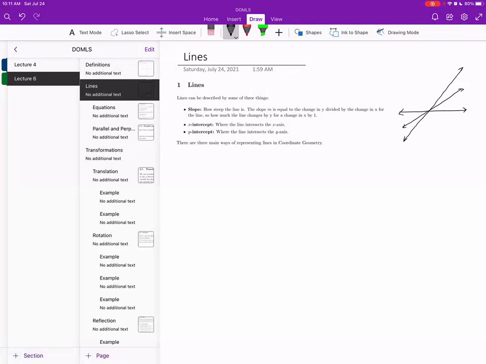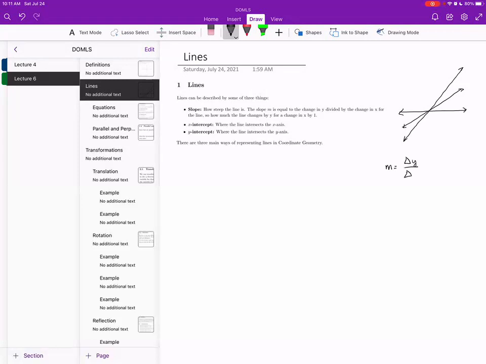How do we define what a slope is more mathematically? We define the slope to be the rise, or change in y, over the run, or change in x. So we would say that the slope is equal to delta y over delta x.